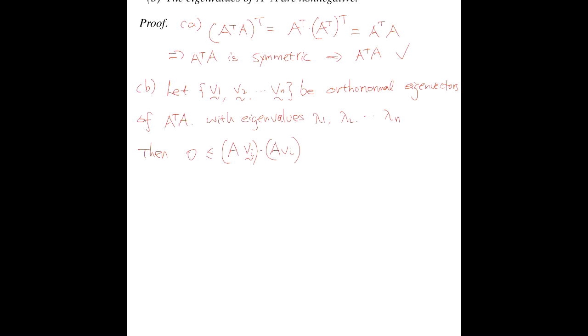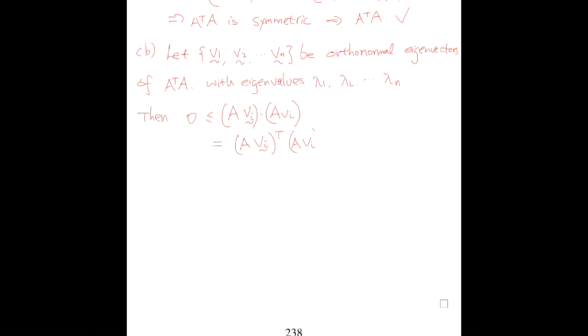Let's continue from here. We can make the column vector into a row vector and get rid of the dot product, using matrix multiplication. Then we apply the transpose to A and vi, so we get vi transpose A transpose A vi.